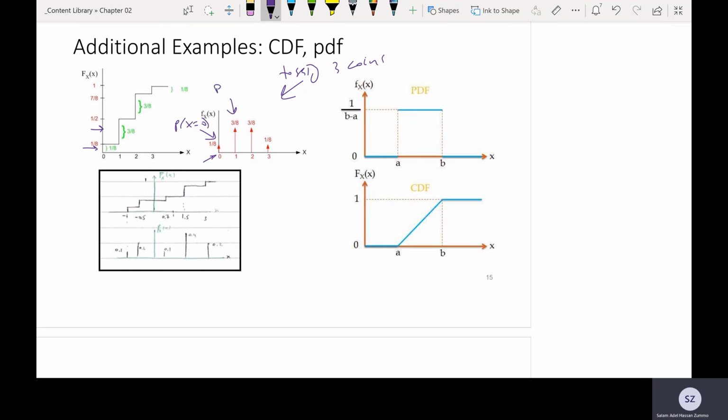What is 3/8? The probability that x equals 1. At 2, it's the probability that x equals 2. And at 3, the last one, the probability that x equals 3. Now looking at this PDF, or probability density function, you can say that most of the probability is concentrated around 1 and 2, and a bit less elsewhere. So at least you know how your random variable is behaving.